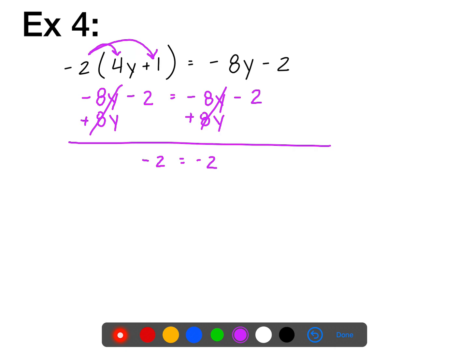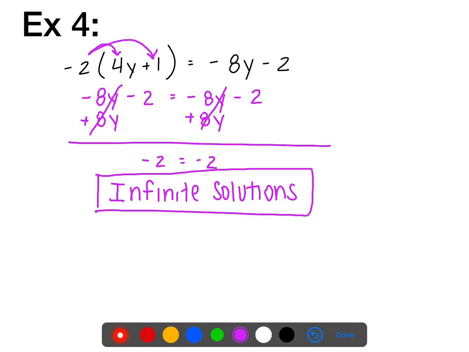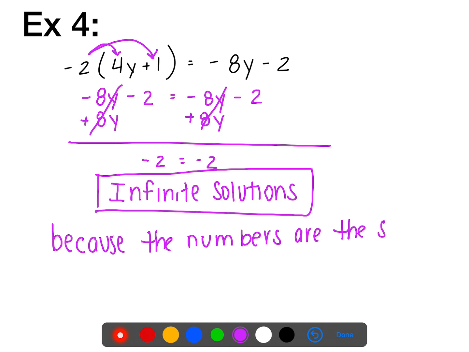When I get two numbers that are the same, this gives me infinite solutions, because the numbers are the same. So different numbers is no solution. Same numbers on either side gives you infinite solutions.